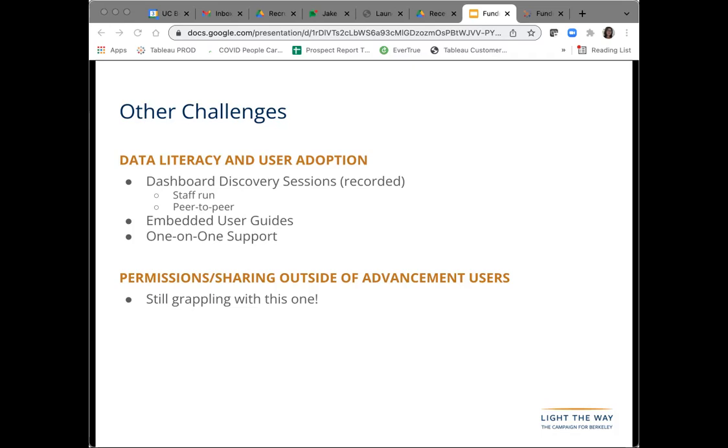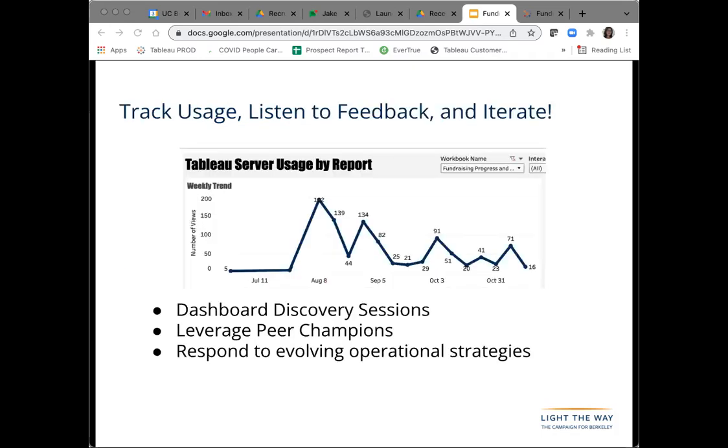If they're asking a question and they really want to get into it, teach them how to fish, right? Sitting down, working with them, seeing how they use it, hearing the questions they have. That's been just really invaluable to us as we iterate and continue to enhance these reports.